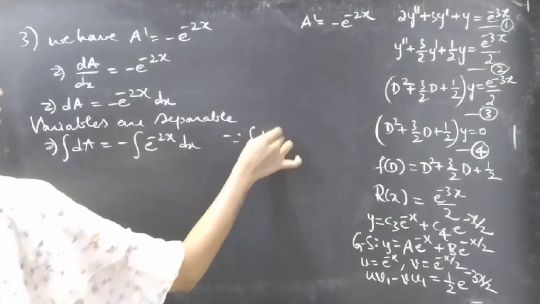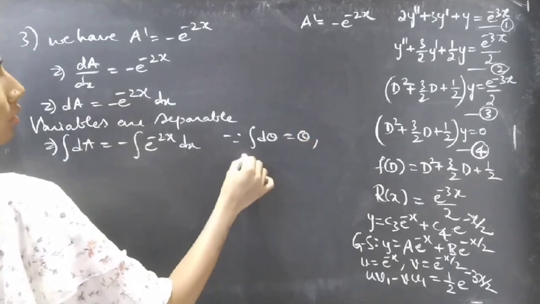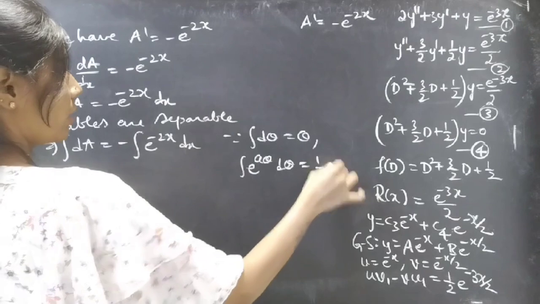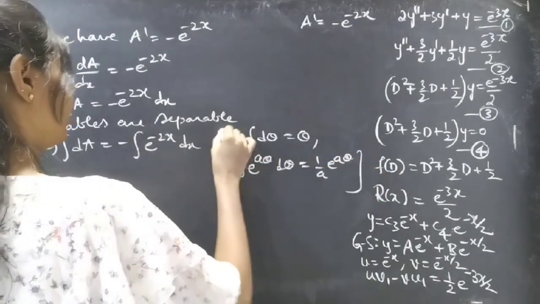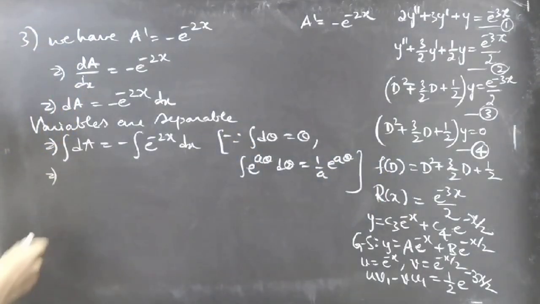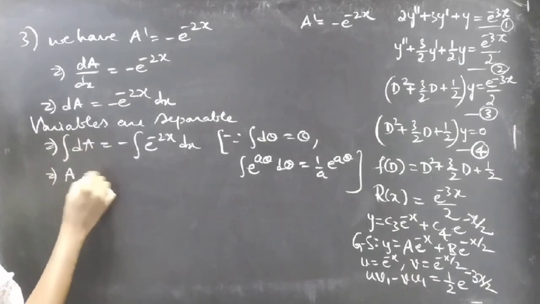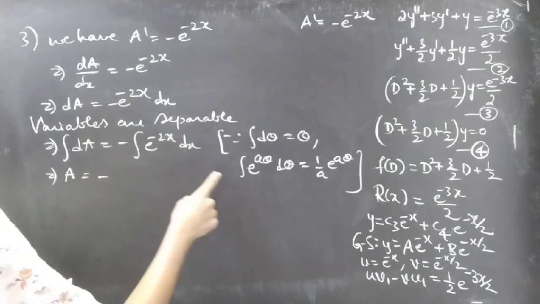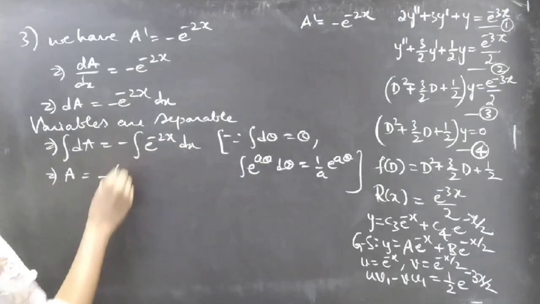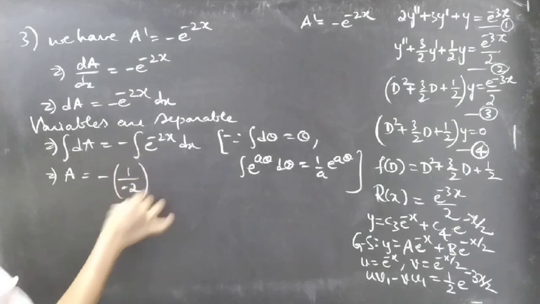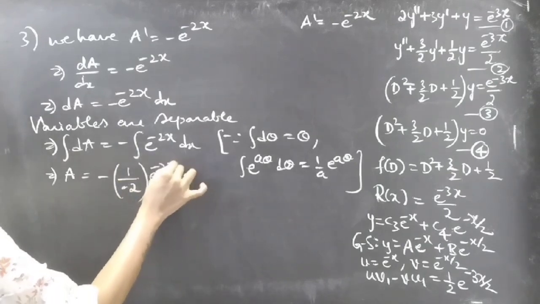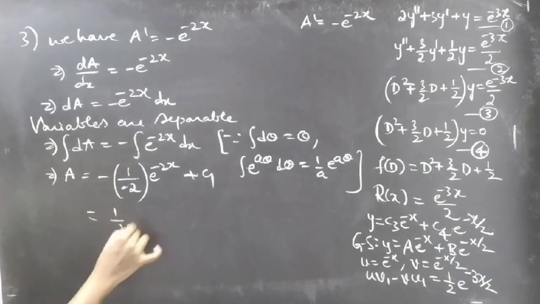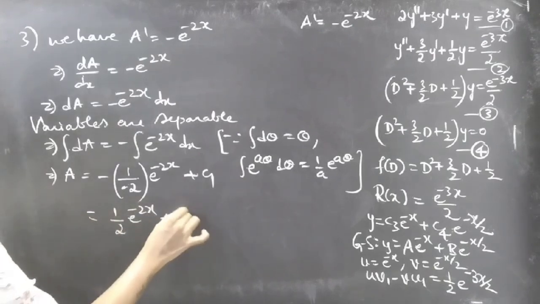Since we know that integral d theta equal to theta and integral e power a theta d theta equal to 1 by a e power a theta. This gives us integral dA equal to minus, for theta equal to x and a equal to minus 2, we'll have minus 1 by minus 2 into e power minus 2x plus some integral constant, say c1, which is equals to 1 by 2 e power minus 2x plus c1.